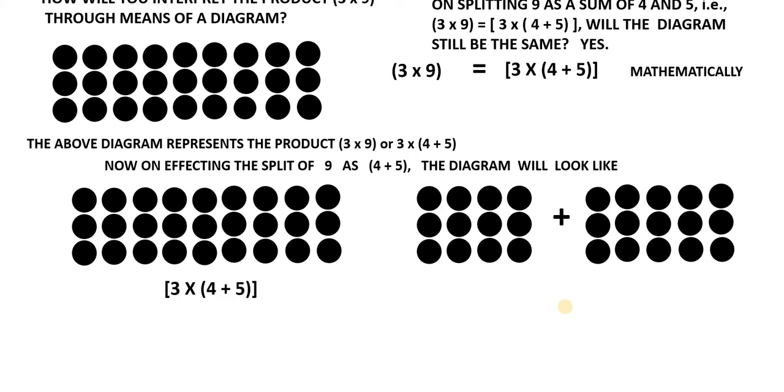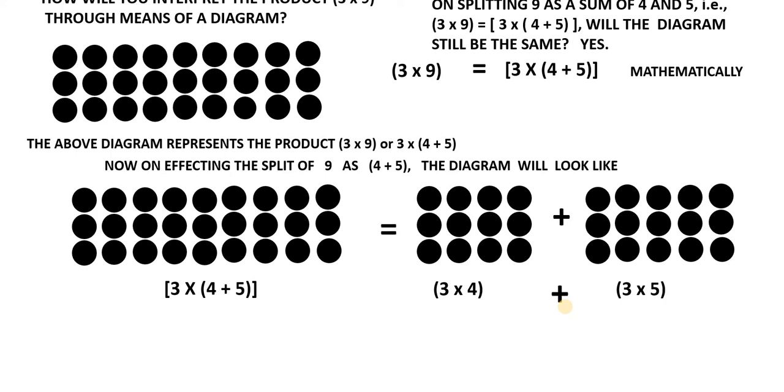So 3 into 4 plus 5 can be written as 3 into 4 plus 3 into 5. Okay.